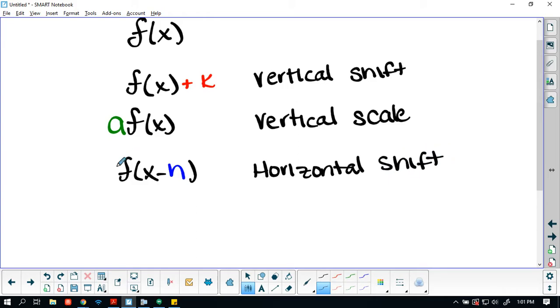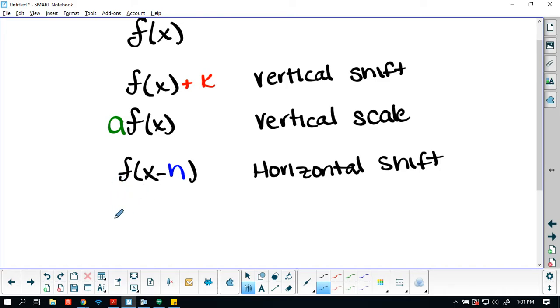And remember, if this is a negative h, you want to instinctively go left, but the negative is part of the equation, so we're just looking at this h, so that's going to make you go right. But like I said, horizontals lie to you, so if instinctively you want to go left, go right. If this is a positive that makes you want to go right, you're really going to go left on the graph.